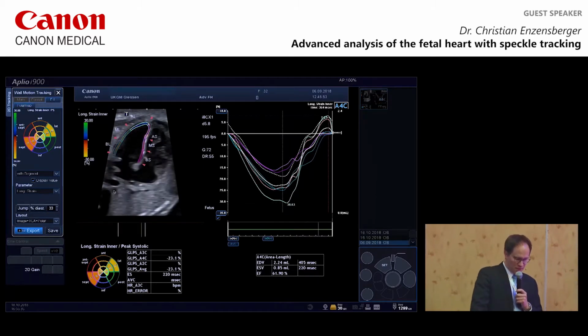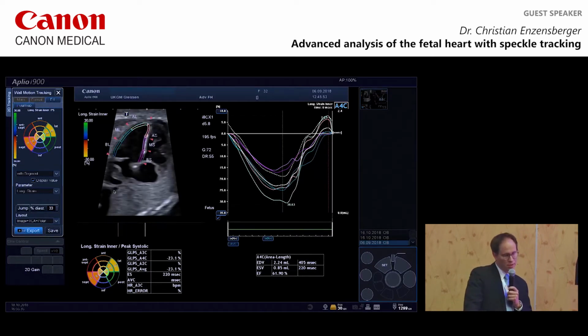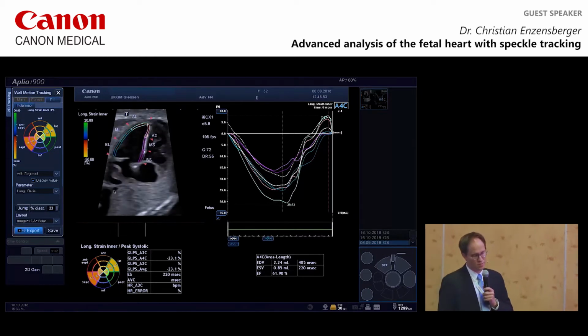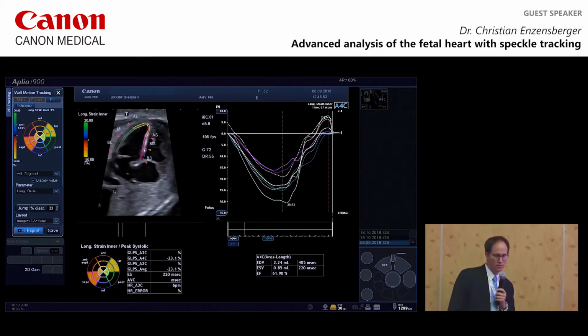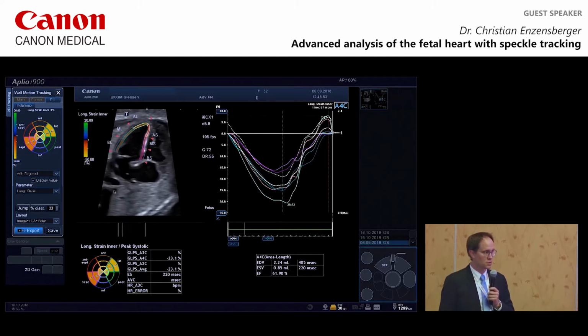This is this tool of speckle tracking, and when you look at the papers which have already been published, it is mainly based on investigations of the second and third trimester.